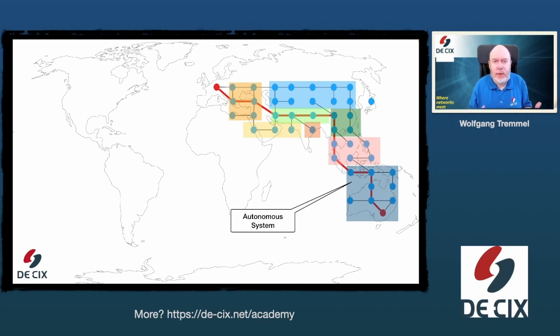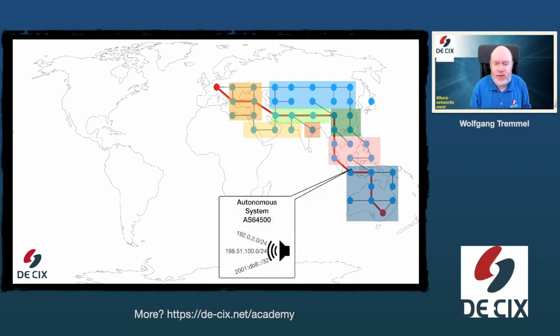The inside of an autonomous system is kind of invisible to the outside world. The only thing the outside world knows about an autonomous system are the prefixes they are announcing. So this provider here on the lower right is announcing 3 prefixes and tells this to other autonomous systems.